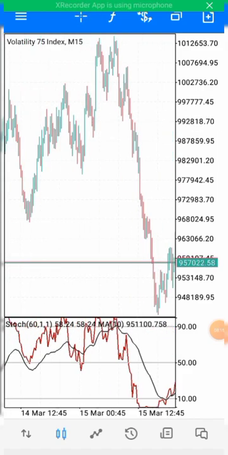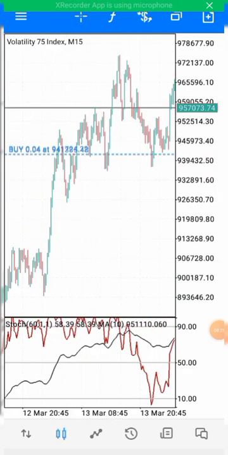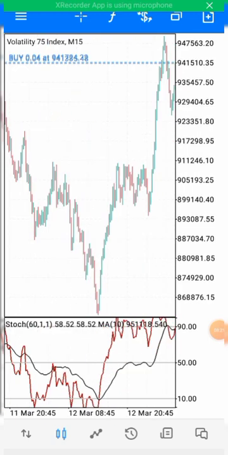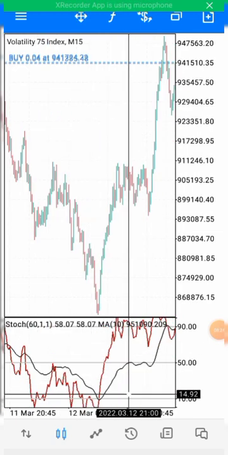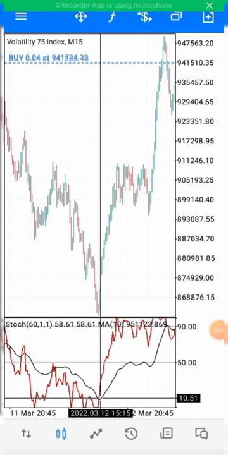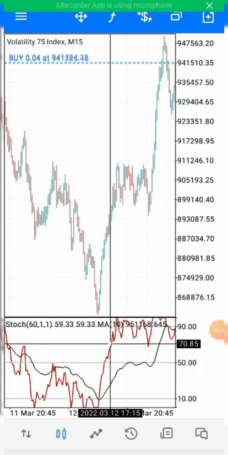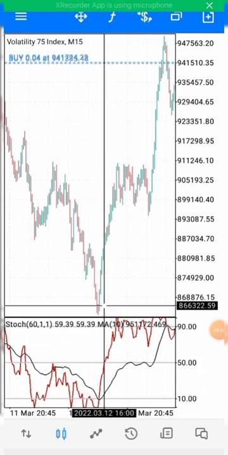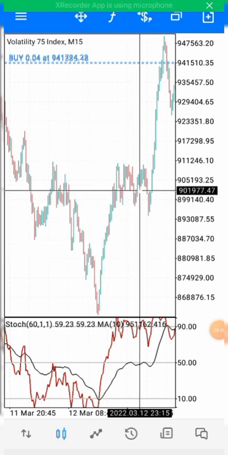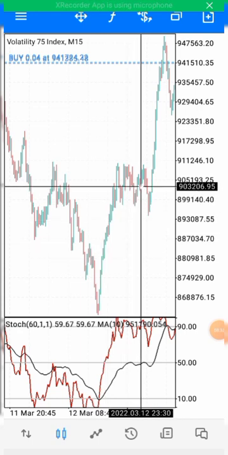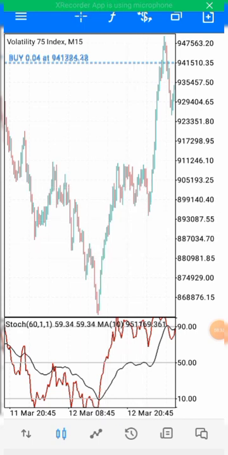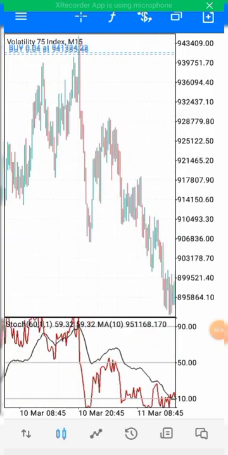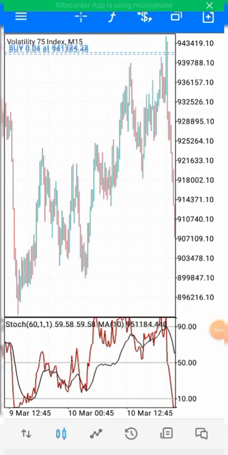I can show you more. This is another example. You can see two indicators converged here, and then you can see it went all the way up, guys, all the way up. I can keep going.